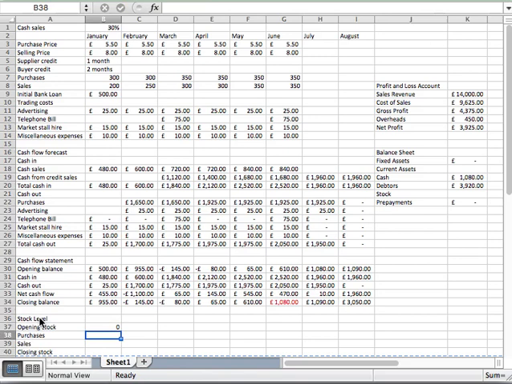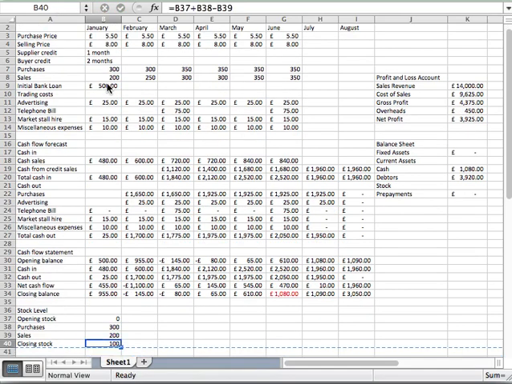Now, in January, we are purchasing 300. This figure up here. We are selling 200. So our closing balance equals the opening stock plus purchases minus sales. Our February opening stock obviously is January's closing stock, and then these are the same.